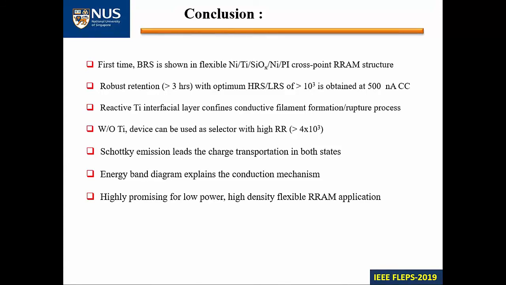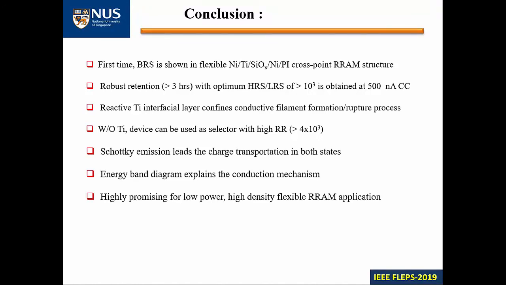Okay, let's come to the conclusion. This is the first time bipolar resistive switching is shown in flexible silicon oxide-based cross-point RRAM. In the RRAM we show here, robust retention with a large memory window at a low CC level has been demonstrated.